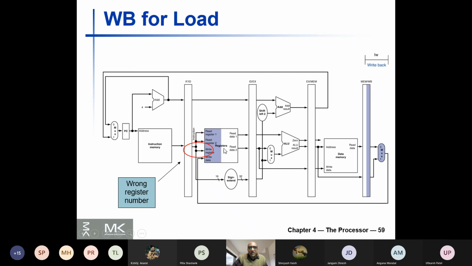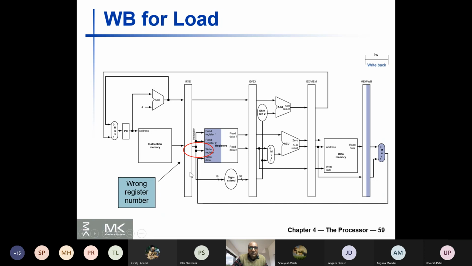Is it clear? When you are performing the load operation, the write back happens in the fifth stage. At that time, the instruction in the decoding stage will be a different instruction, and as per that instruction the register contents are different. So we need to write back into the register whatever the load instruction specifies.